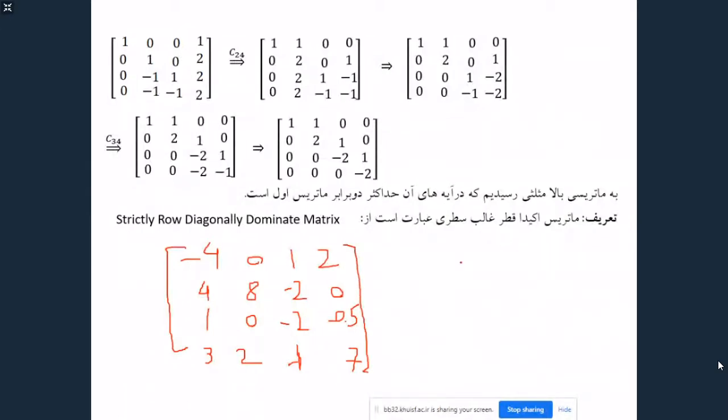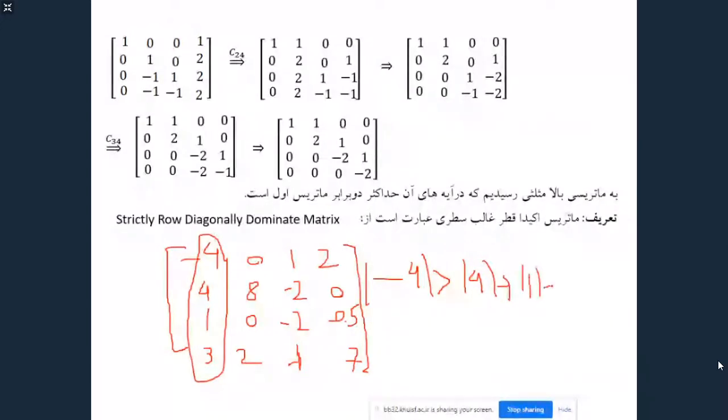It is strictly row diagonally dominant, but it's not strictly column diagonally dominant matrix, because minus 4 in absolute value is not bigger than 4 plus 1 plus 3 in absolute value in the first column.